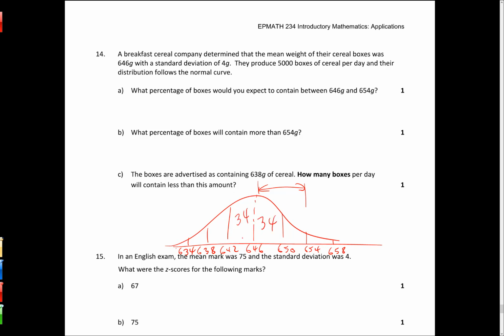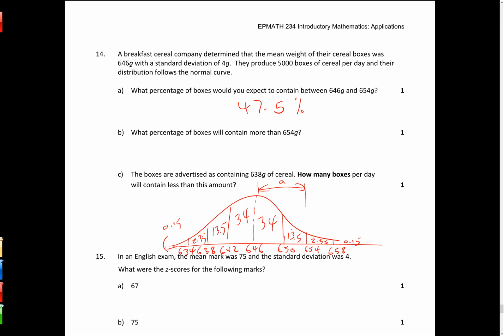And you'll see in the lecture notes we did the other sums where we said what's 95 minus 68, and then we halved it, we got 13.5% sitting in here. We did the same stuff, see lecture, to get a 2.35% here and a 0.15 left in these tiny little things at the end. They're all percentages. So between here and here for question A, 34 plus 13.5, that's 47.5%. I just added the 34 and the 13.5.